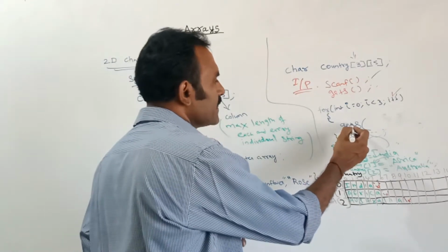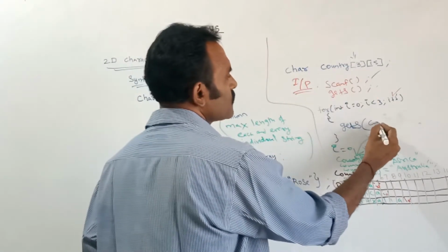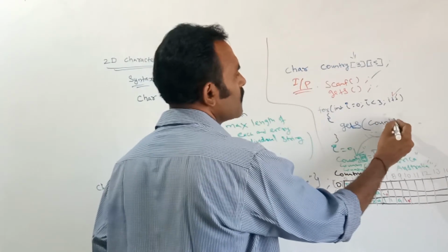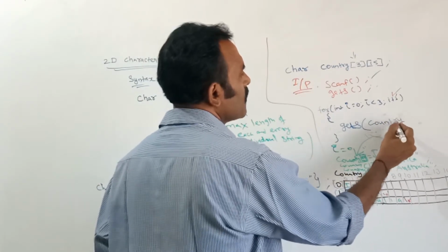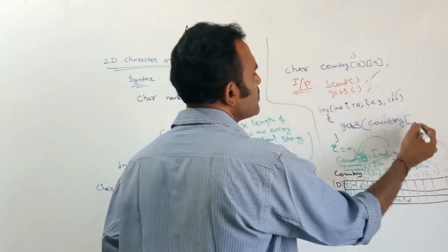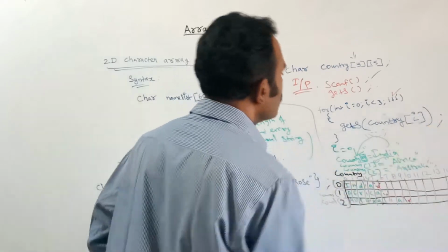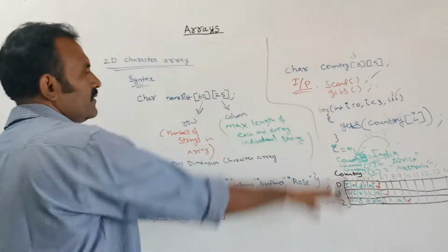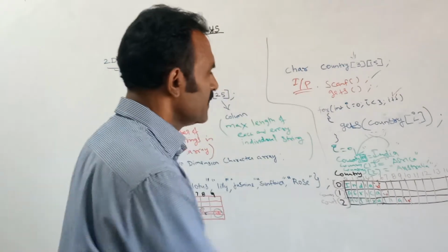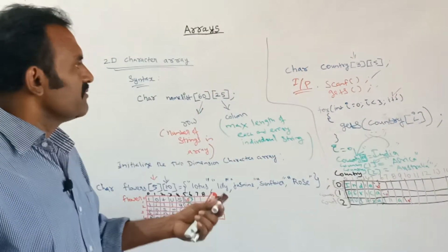So here gets, after that the variable name, that is variable name is country here. Country of here inside I. So for each and every time in the loop, for each and every position it gets the country name and will store to the variable. So in this way we can give the input.